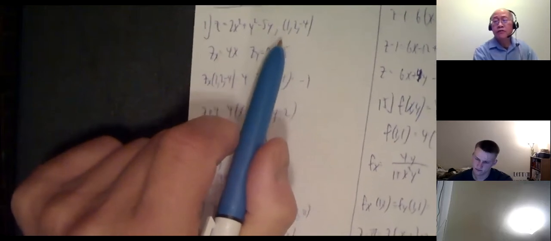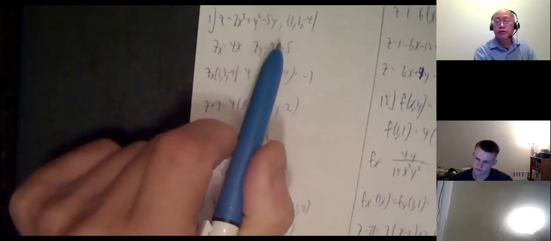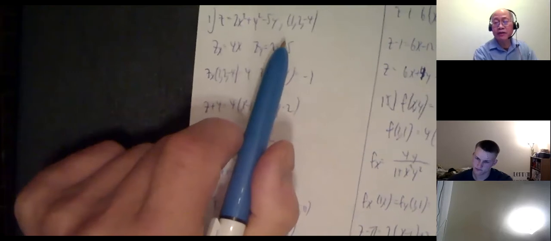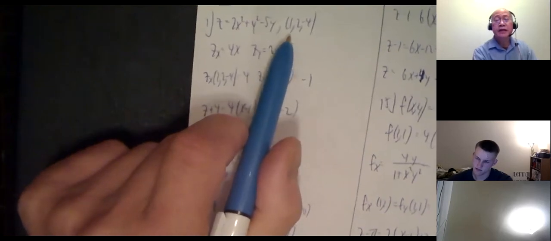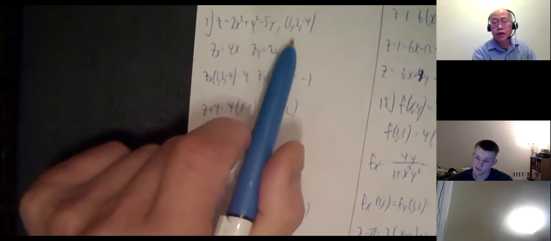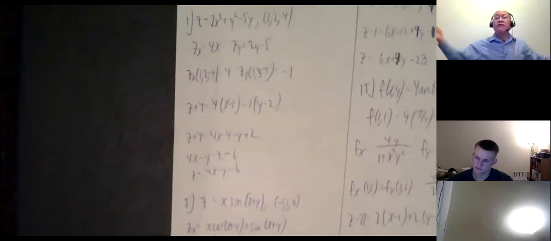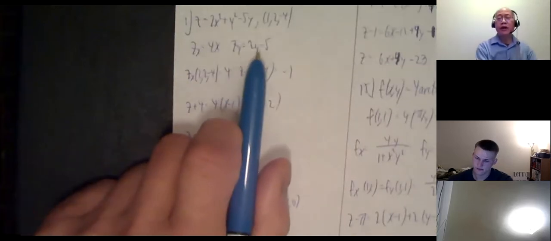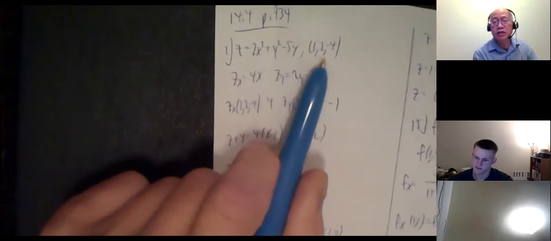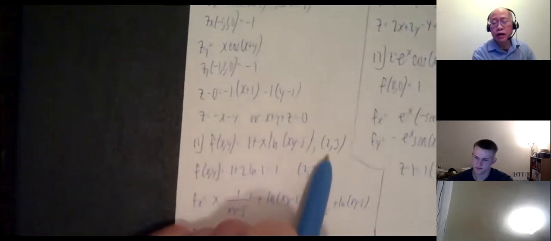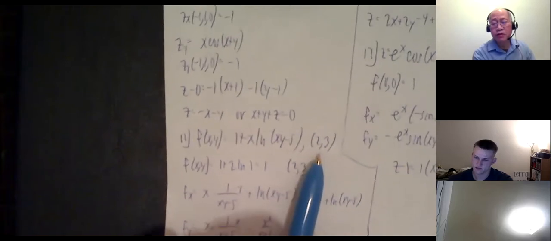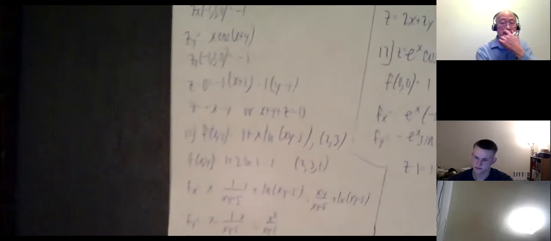Remember in Calc 1, find the equation of the tangent to the curve at the point 2, 5. They didn't actually have to give you the 5. They could have said, find the equation of the tangent at x equals 2. And so, I don't know the y value. Well, you can just plug in to find the y value, right? So here, it's best case scenario. They already give you the x, y, and the z. Here, they only give you the x and the y. So you have to jump through one more hoop to figure out the z.